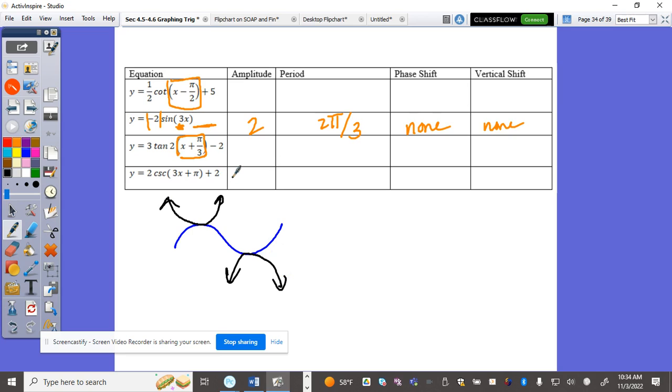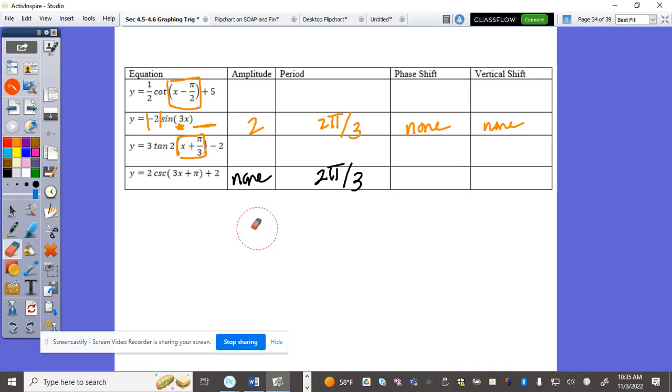So technically there's supposed to be no amplitude here, because you're not getting the distance from the midline to the maximum and minimum. So none. For the period, the formula is 2 pi over b. In this case, b is 3, so it's going to be 2 pi over 3.